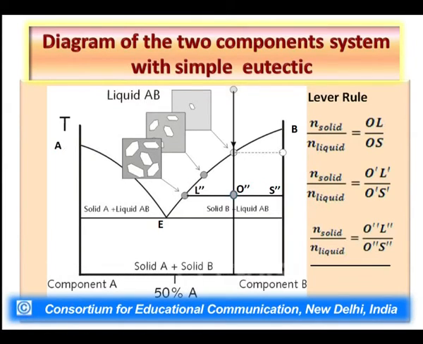This ratio is equal to the ratio of the number of moles of the chemical substances present in these two different phases. That is what we have from the lever rule, and therefore the lever rule helps us in identifying also, suppose we have a solid substance which is in equilibrium with its liquid mixture of A and B, then if we have the number of moles of solid substance, we can easily determine how many moles are present in the remaining liquid, if we just have the lengths of line segments, which can be easily obtained by a scale from this kind of phase diagram.